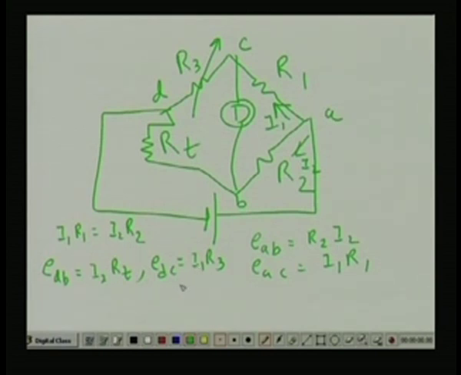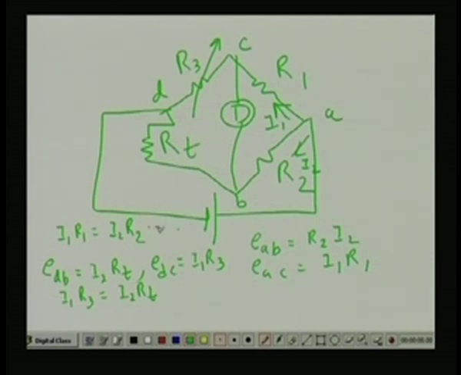So, I can write I1 into R3 equals I2 into RT.